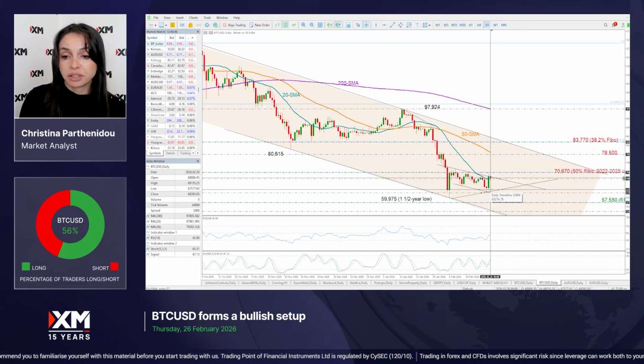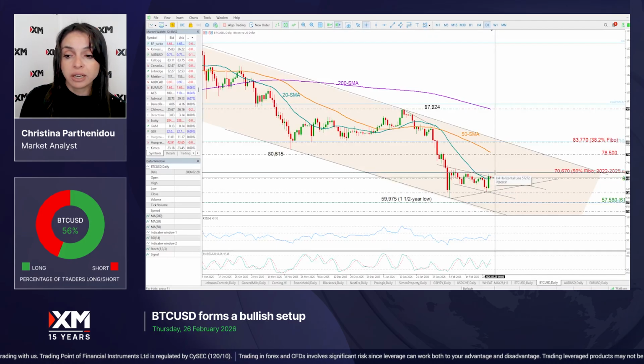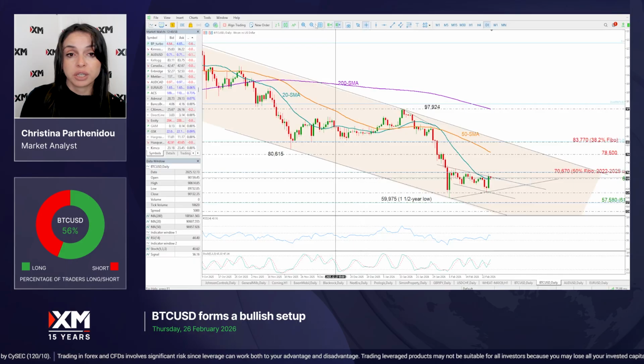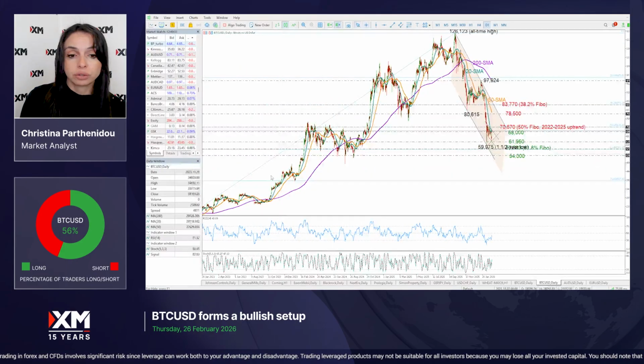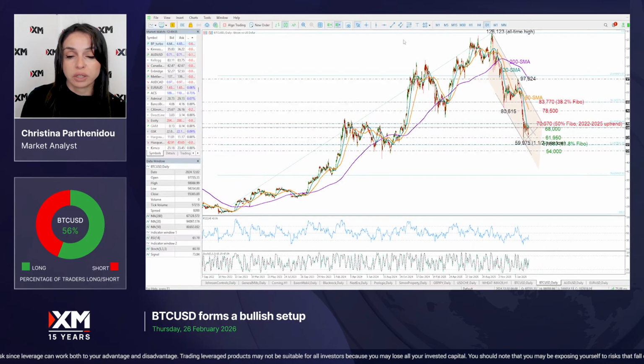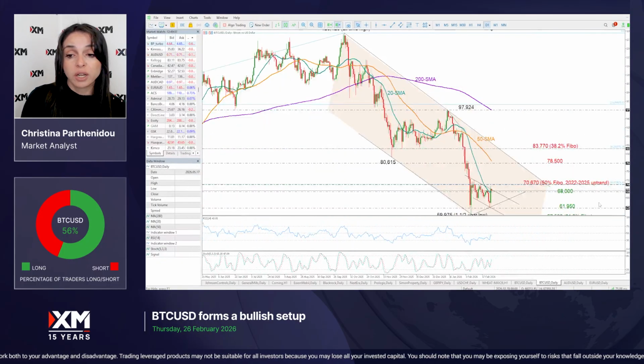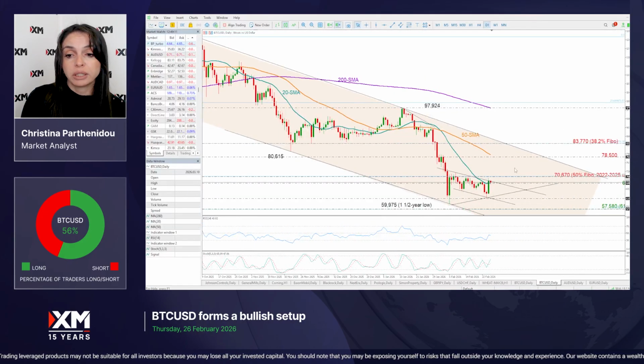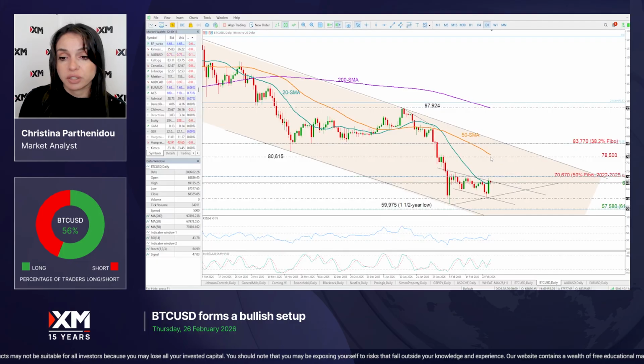But of course, a confirmation is needed, and in this case, I would like to see a clear close above the 70,670 region, which coincides with the 50% Fibonacci retracement level of this long-term uptrend from 2022 to 2025.